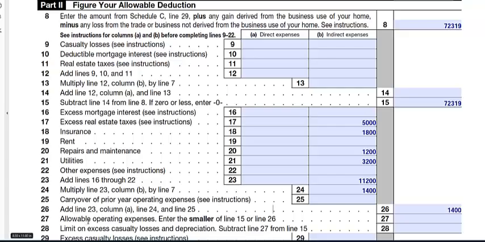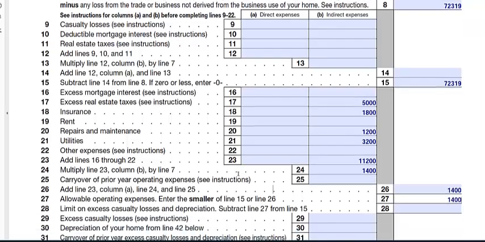Line 27 asks us for the allowable operating expenses. Enter the smaller of line 15 or 26, and 26 is the smaller. Your home office deduction cannot exceed the profit from your business, so that's the reason they're asking for that.